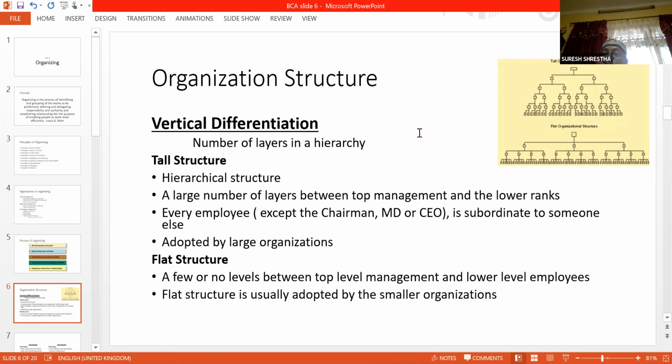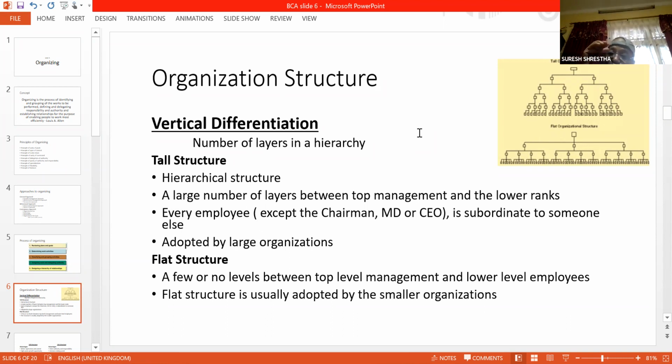Vertical differentiation means you are organizing or you are designing your organization structure in such a way that you have large number of layers. So from top level management to the bottom level workers, if you have too many layers in between, then your organization structure is a tall structure.